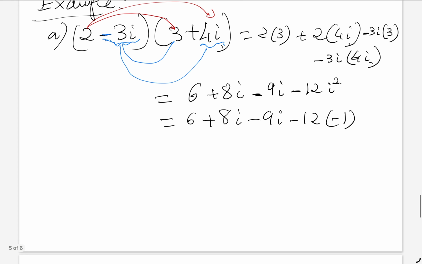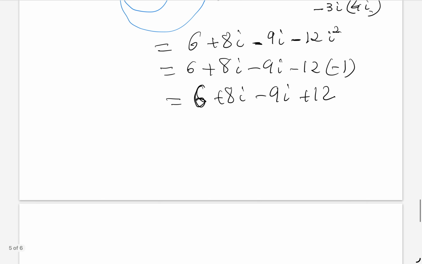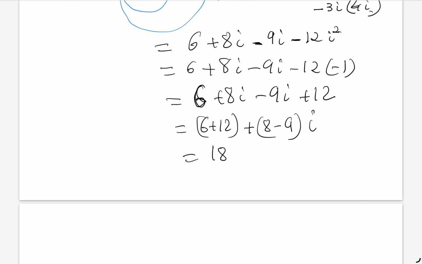And now negative times negative becomes positive. So you end up having 6 plus 8i minus 9i positive 12. And now you can add them up. So you have 6 plus 12 parenthesis, and then plus 8 minus 9 parenthesis i. So what you have here is 18 minus i. That's it.